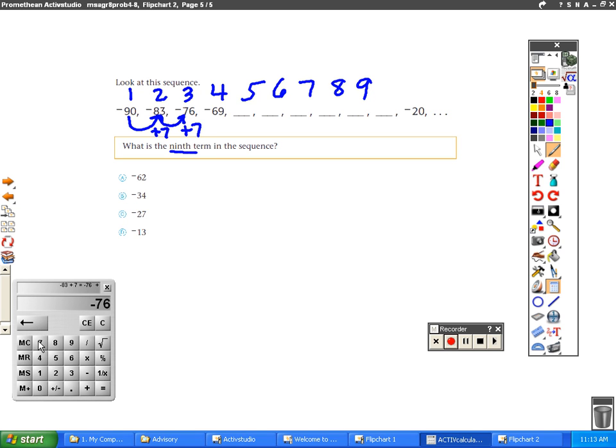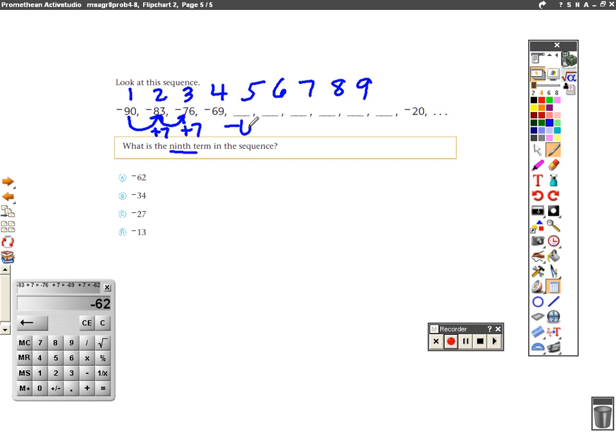So I'm going to add 7 again, and that gives me negative 79. I'm going to add 7 again, and that's going to give me negative 62. Then I'm going to have negative 55. Then I'm going to have negative 48, negative 41, negative 34. So the answer should have been B.